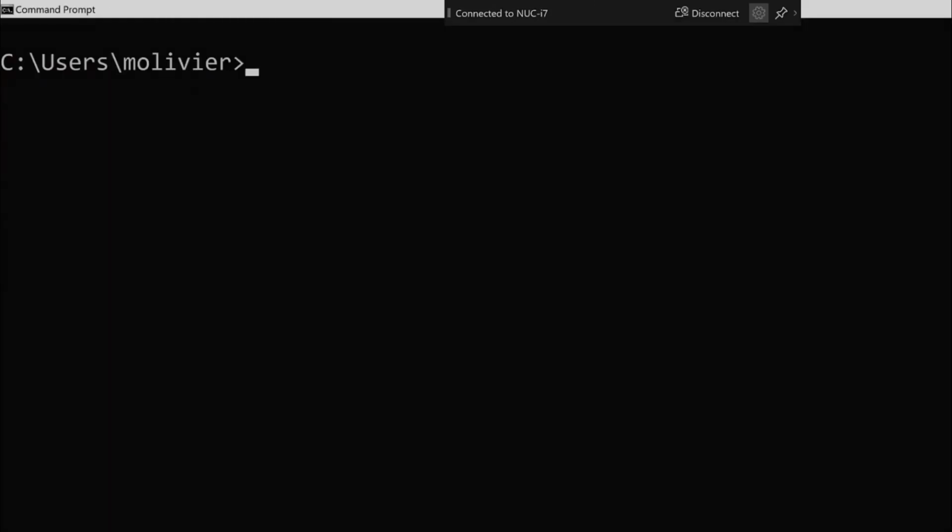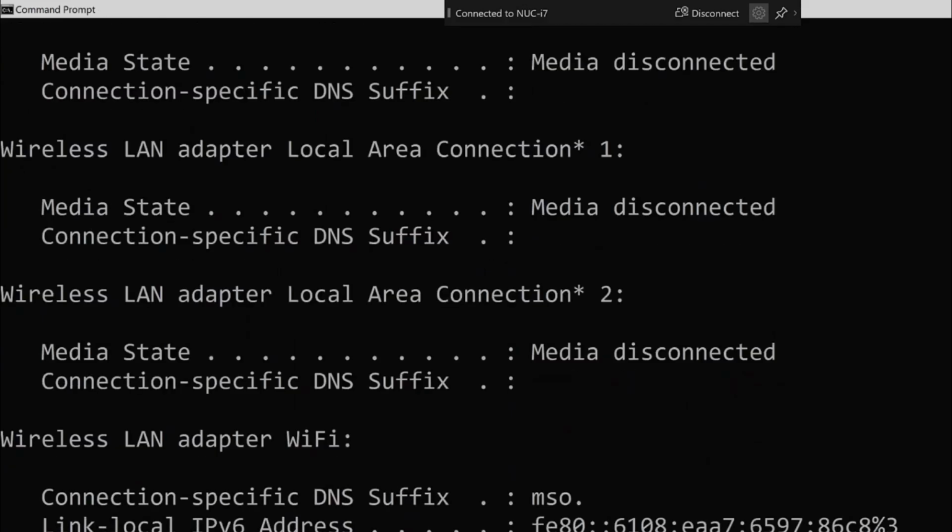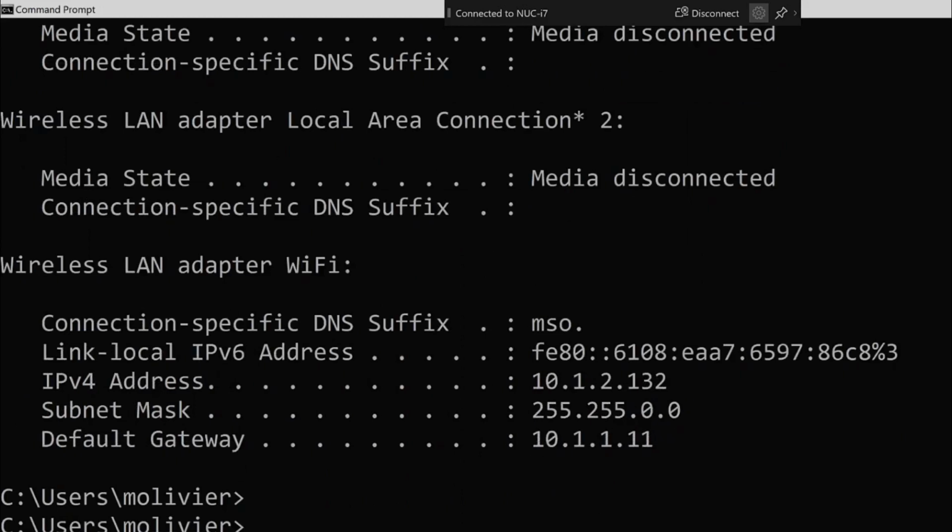Let's look at these concepts in a practical context. Here I have a Microsoft Windows computer, command line prompt, and I am going to just enter the command ipconfig to see the IP configuration of this machine. So what you can see there is that the IPv4 address of this computer happens to be 10.1.2.132.